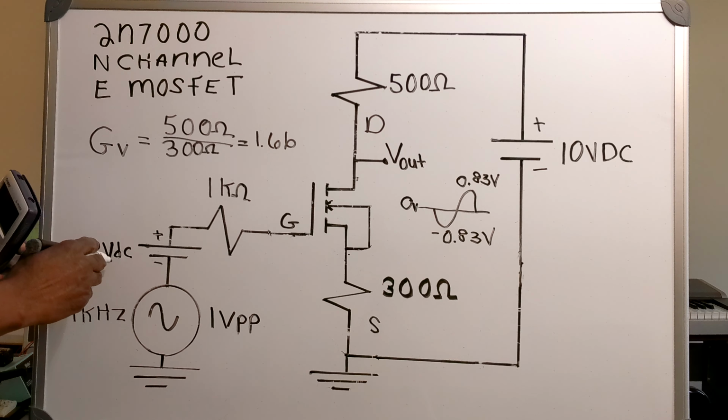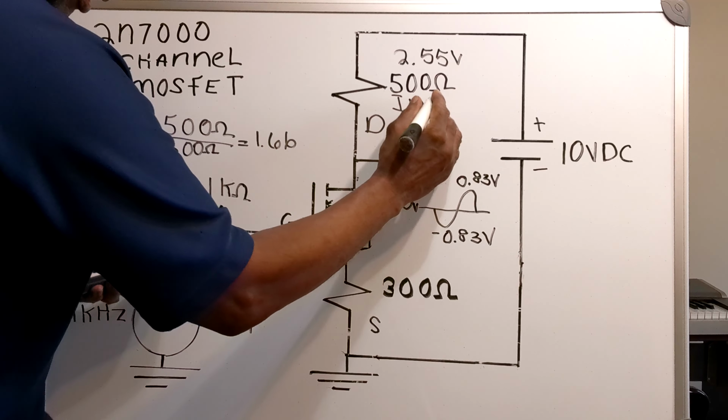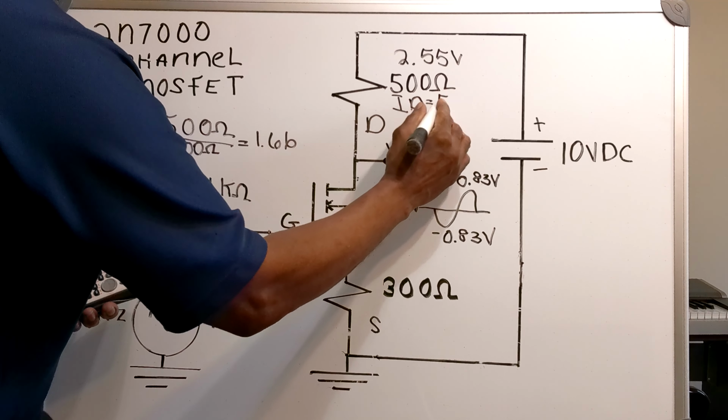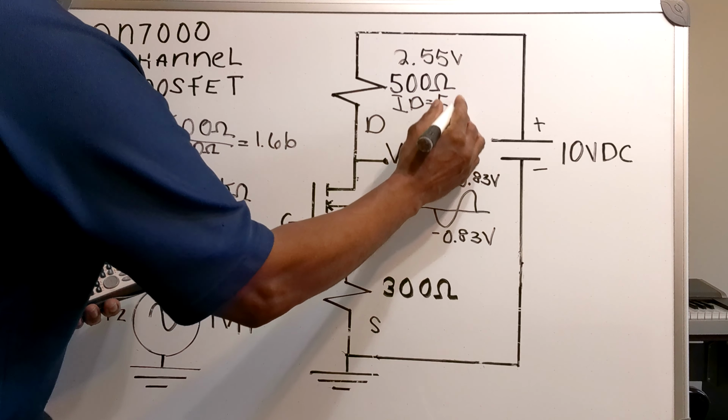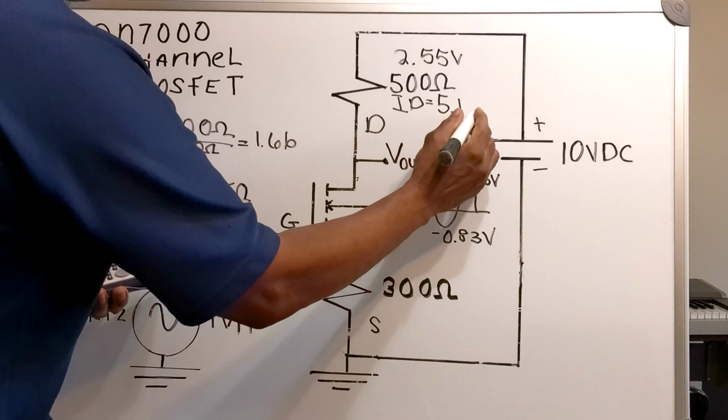Now, that voltage will generate a current of 2.55 volts divided by 500 ohms, that will give me a drain current of 5.1 milliamps.